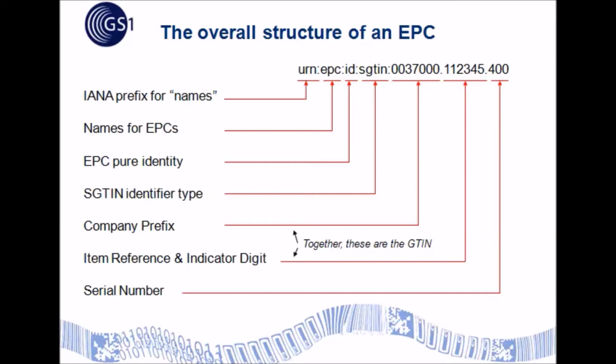We can know the item reference, also the object class number, given by the company. Then by using the serial number, we can differentiate one from another. So we try to use numbers to represent an object. Even if they are the same brand, the same type, we can still use the unique ID number to differentiate individual objects.